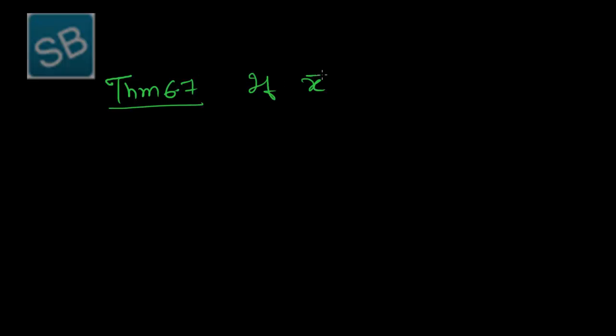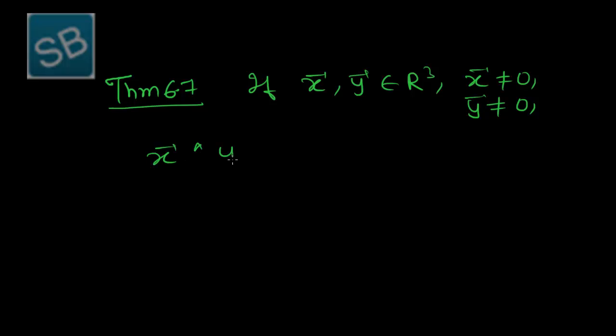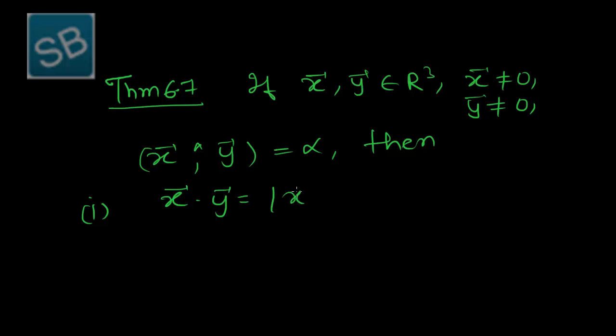If vector x and vector y belong to R cube, and x is a non-zero vector and y is a non-zero vector and the angle between x and y is alpha, then prove that, first part, x dot y is equal to modulus x into modulus y cos alpha.